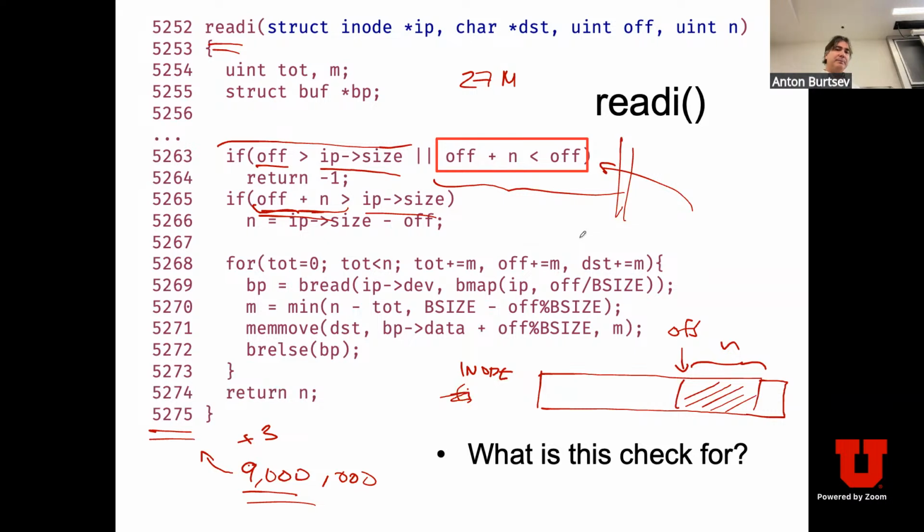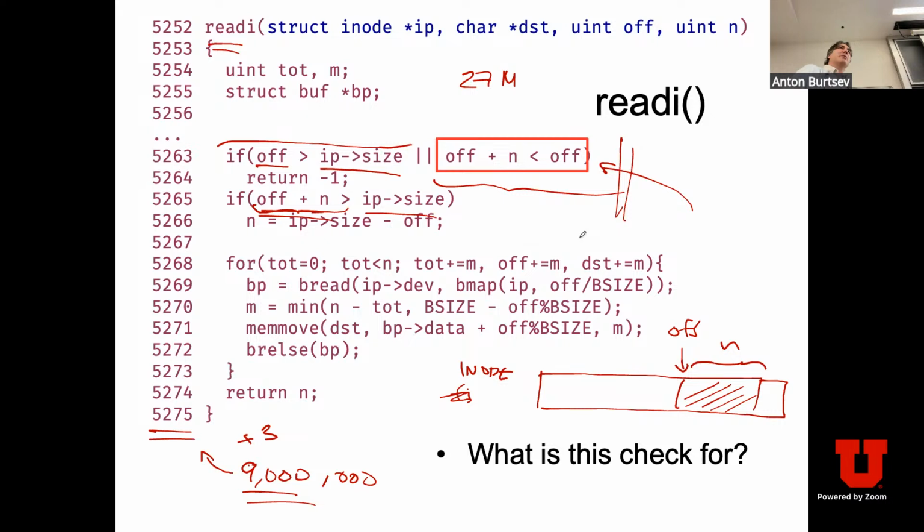Anyway, if I ask you a question, what's the logic of this readi? How can we build it? What's the implementation? It's on the screen, but let's just quickly hypothesize. Conceptually it is very, very simple, right? But the devil is in the details a little. So how do we read an inode?